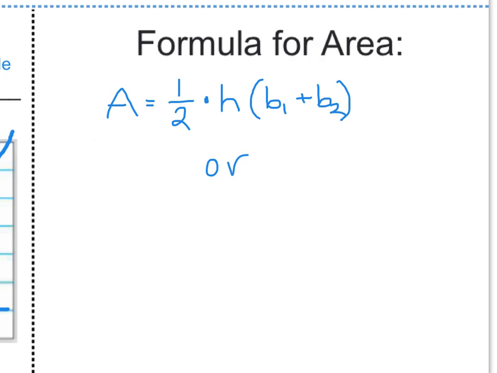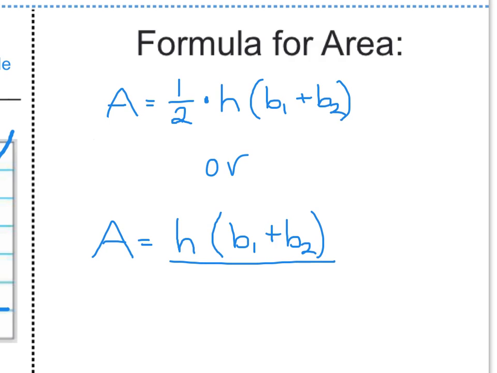Or the other way to write this formula, which means the same exact thing, would be area equals the height of the trapezoid times the quantity of base 1 plus base 2 divided by 2. If you look at the first formula, multiplying by 1/2 is the same thing as dividing by 2. Both of these formulas are the same.